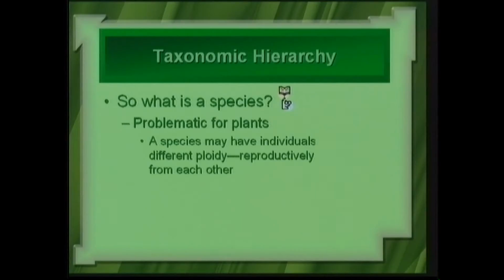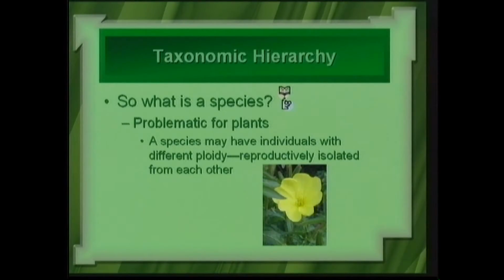Important point. Another problem with plants not really fitting the biological species concept is that a particular species might have different individuals, different organisms in the same species, with a different number of chromosomes. That means it has different ploidy.